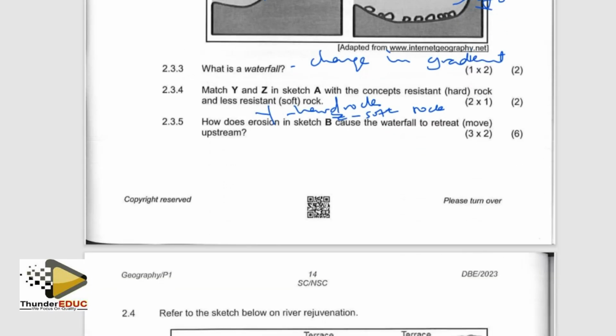We continue. How does erosion in B cause the waterfall to retreat or move upstream?